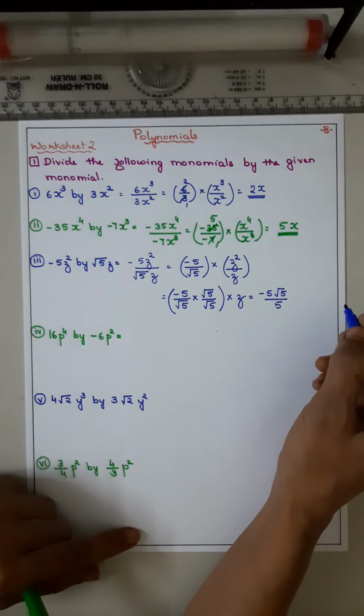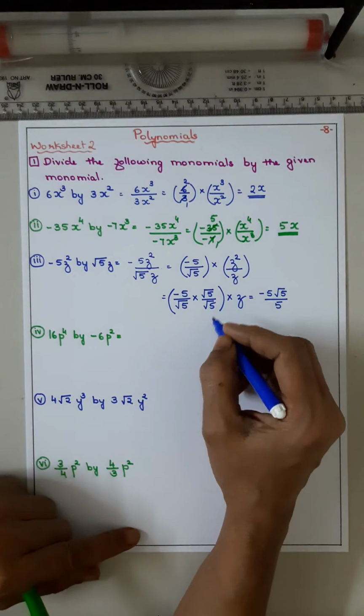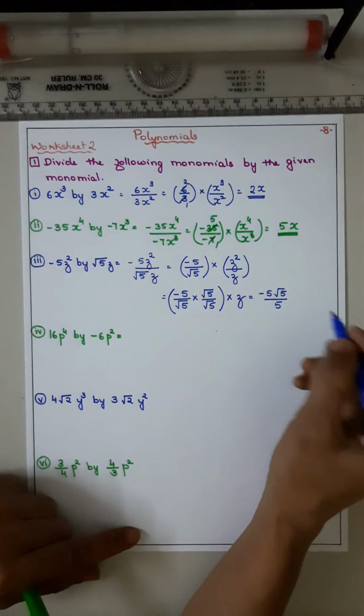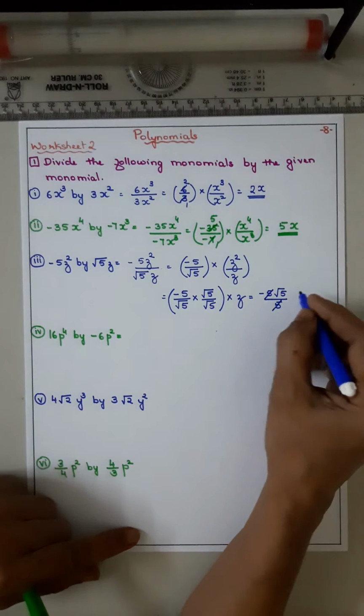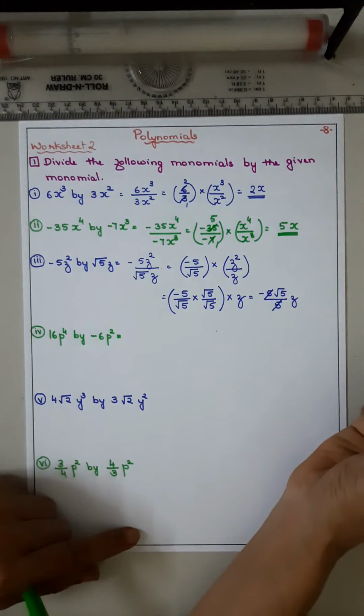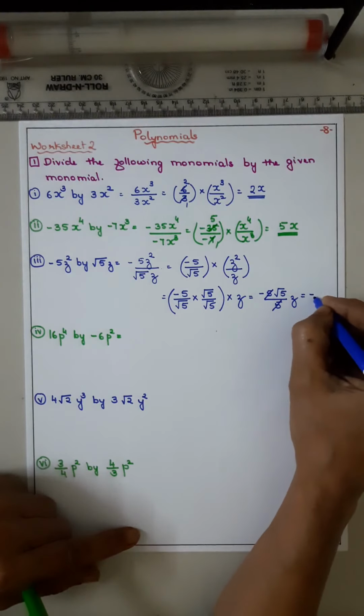When you multiply, square root of 5 into square root of 5 is square root of 25, which is 5. Why did we do it this way? Because this gets cancelled. Okay, so now it is minus root 5 z.